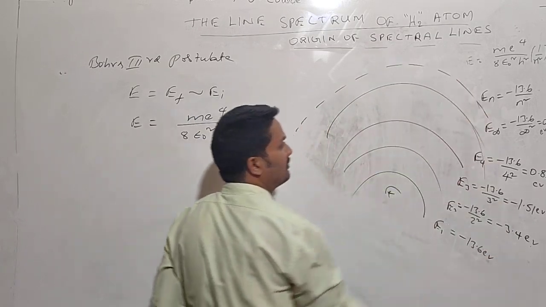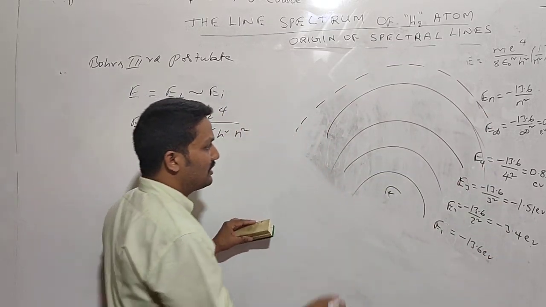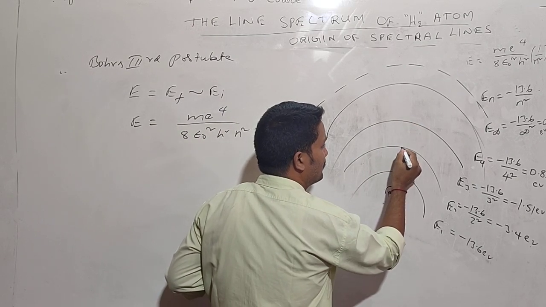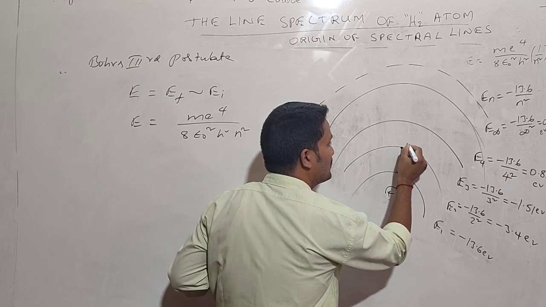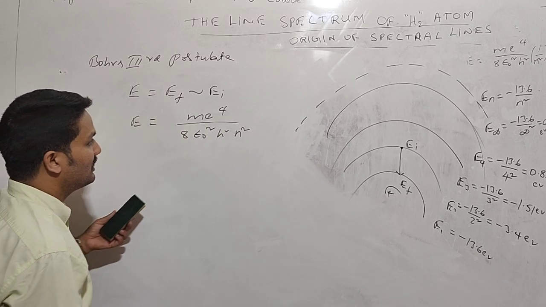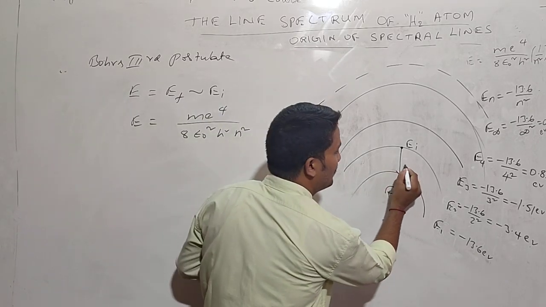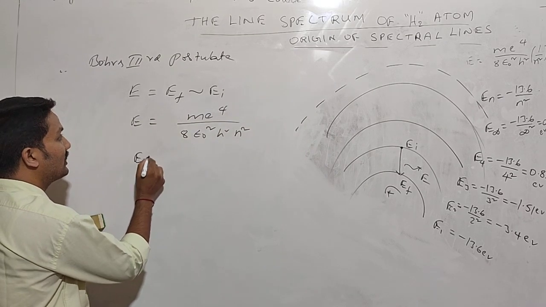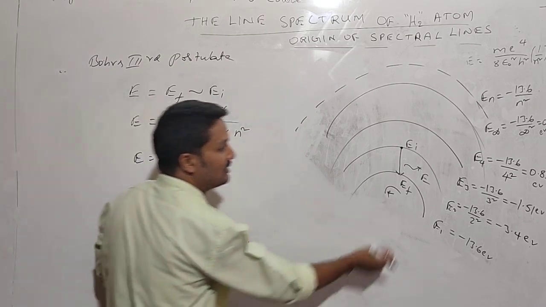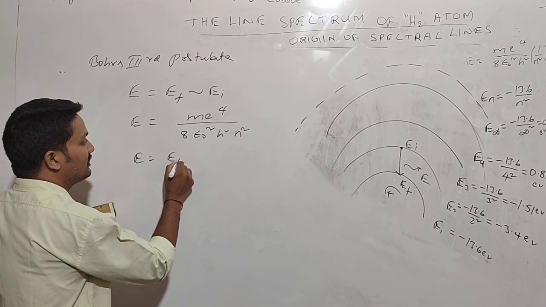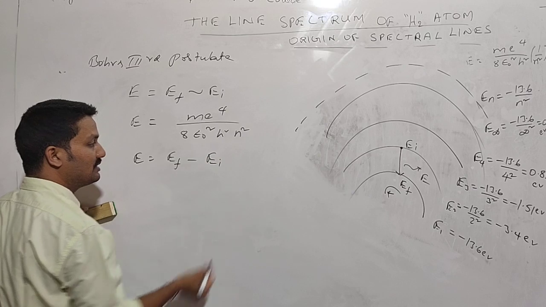This one is the outermost orbit, infinity. Now, whenever the electron transitions, this one is the initial energy state and this one is the final energy state. So it releases energy, then E is equal to, according to the second postulate, Ef minus Ei.